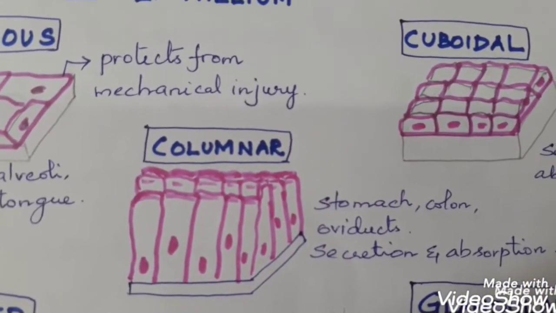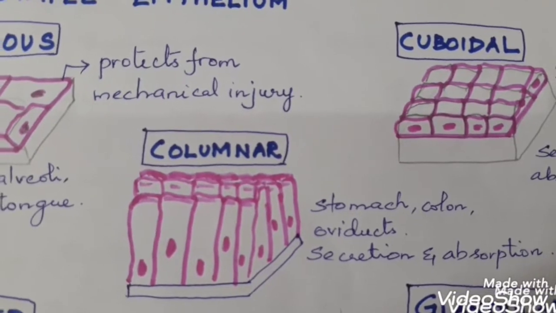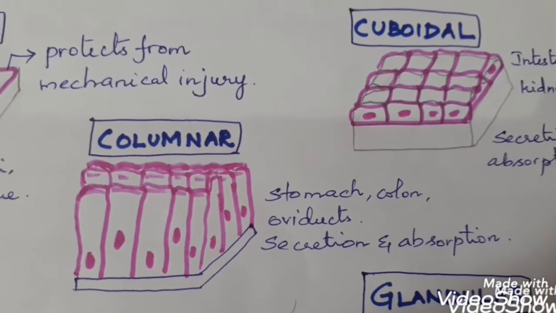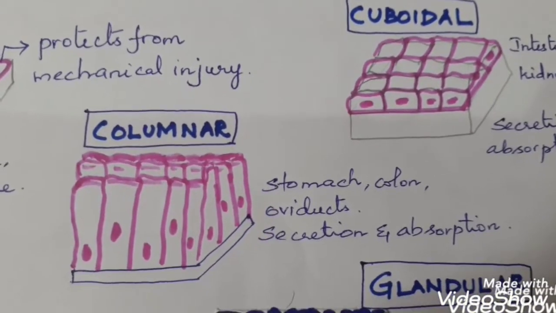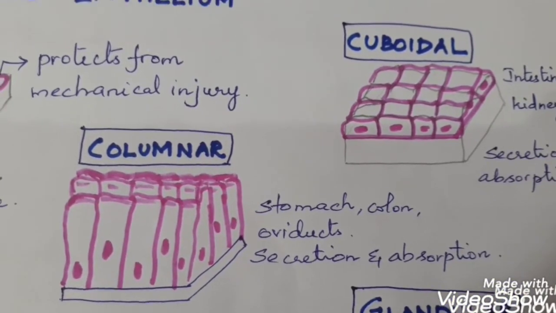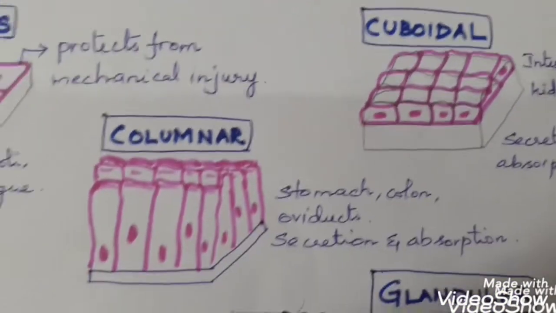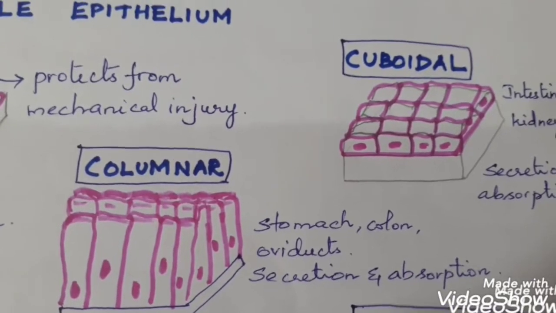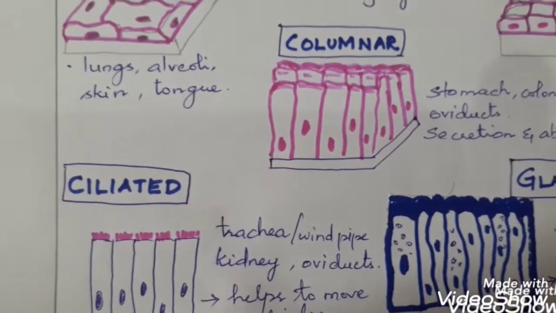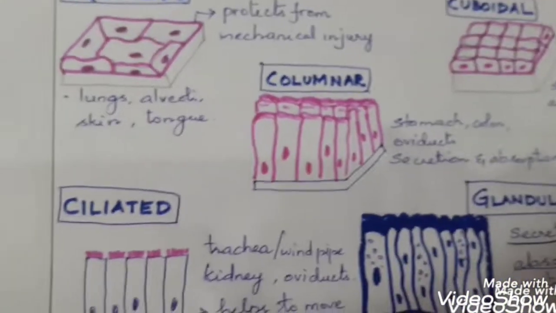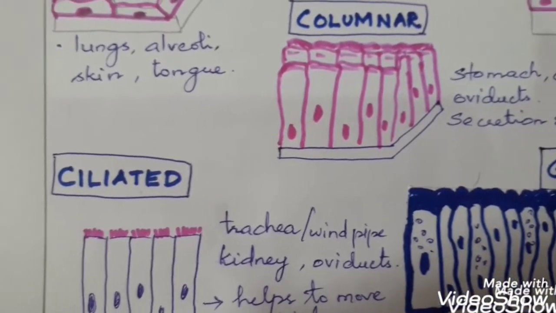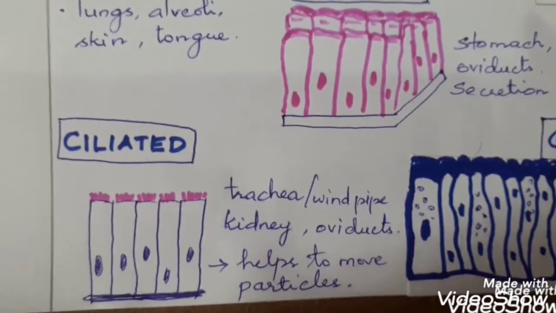Columnar tissues look like column-like structures and they are found in the stomach, colon, and oviducts. The functions of these tissues are secretion and absorption. Both cuboidal and columnar tissues help in secretion and absorption. Ciliated epithelial tissues look like columnar tissues, but they have cilia on the tissues.